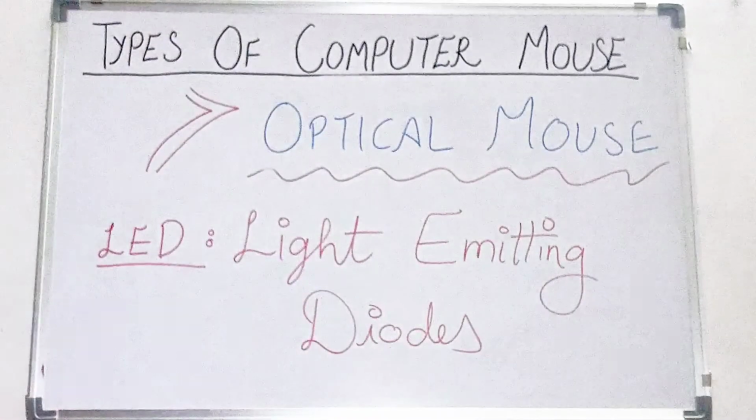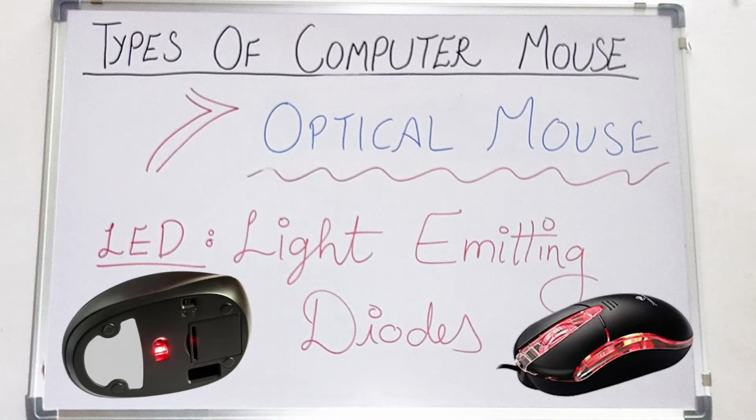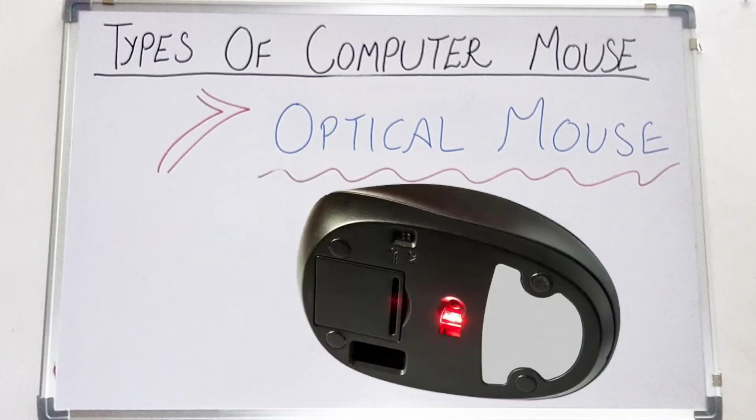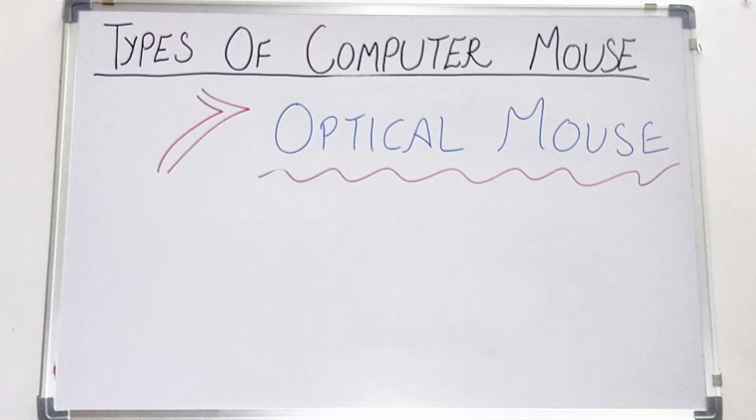So the full form of LED is light emitting diodes. In an optical mouse, the LED helps the mouse as a method of tracking the mouse pointer. One more thing about the optical mouse is that it is faster than the ball mouse. The LED in the optical mouse helps it to move the pointer on the screen.